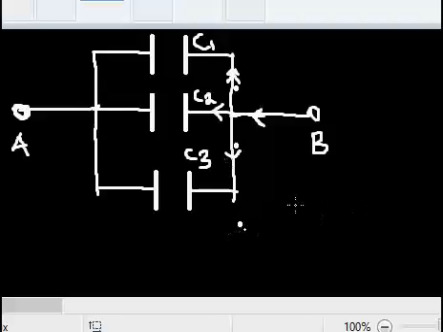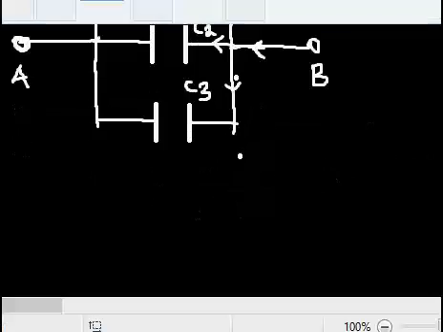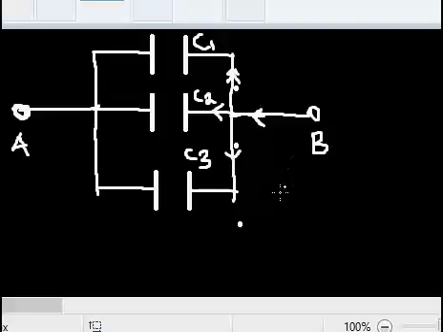That simply means that they will store different charges. C1 will store a different charge, C2 will store a different charge. I can still prove the formula. So they store different charges, which means their charges vary.